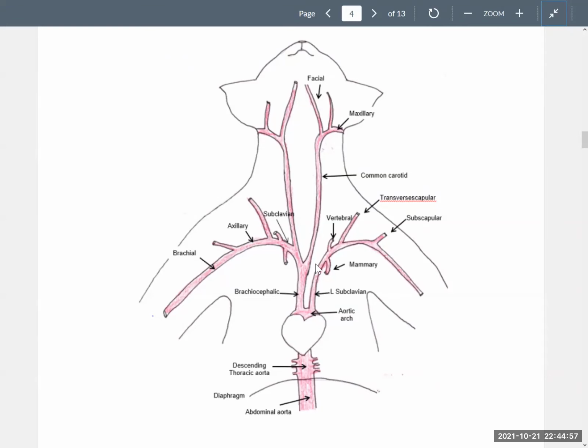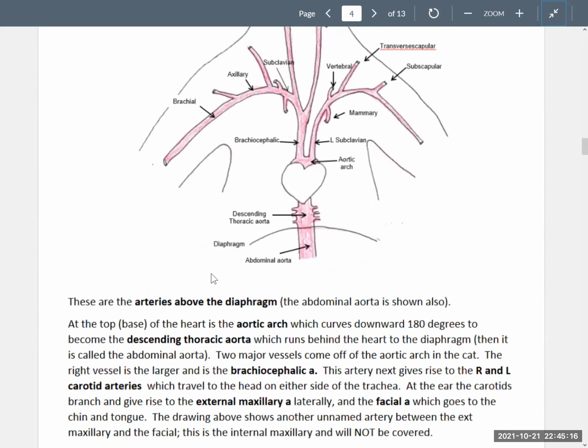Okay, so here's the mammary. Go a little farther. Here's that transverse scapular. Here's the axillary on this side. Here's the subscapular. Here's the brachial, labeled over here though. Here it is in text.